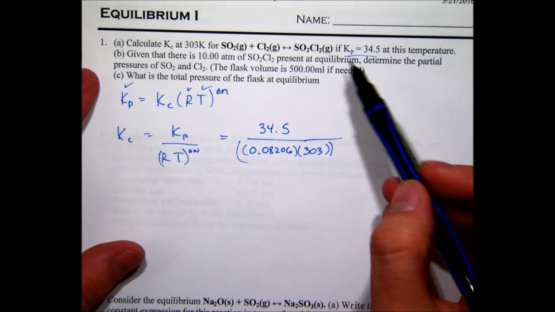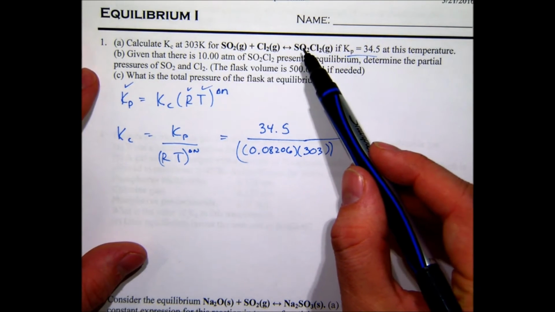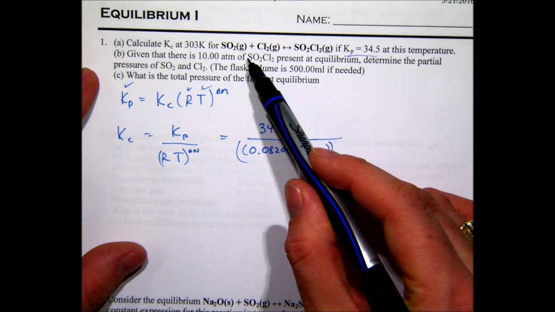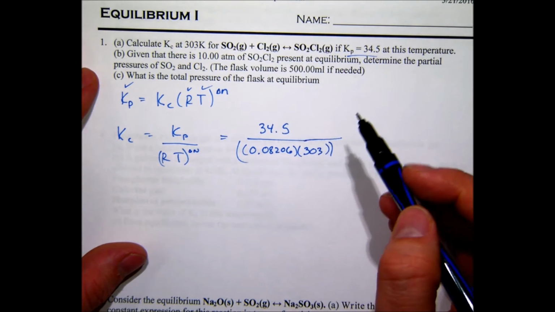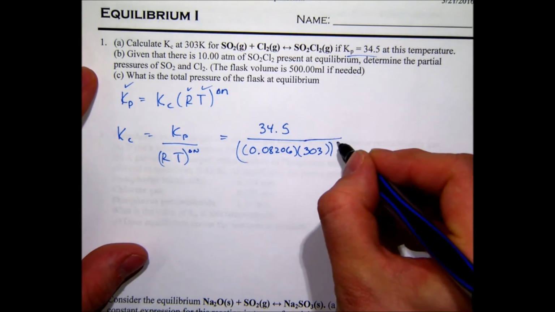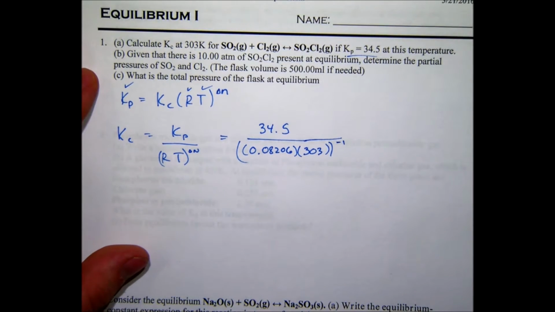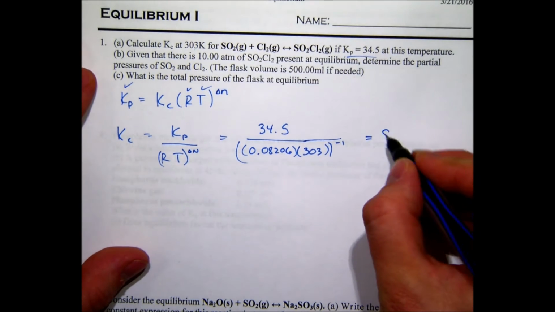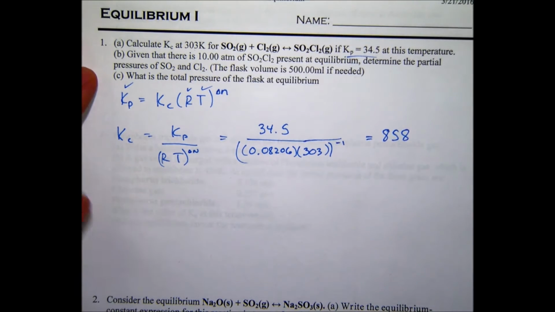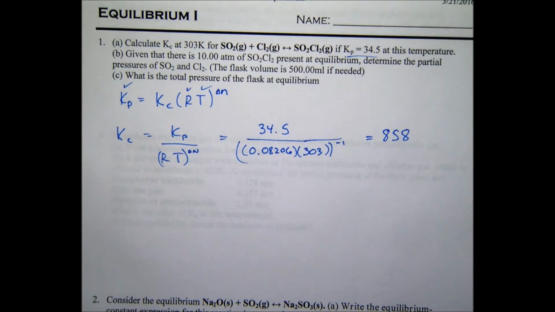Delta n, so it's the number of moles of product, 1, take away the number of moles of reactant, 2. So 1 take away 2 is -1. You perform this calculation and you get 858. So the equilibrium constant for this particular scenario would be 858 for Kc, compared to 34.5 for the value of Kp.